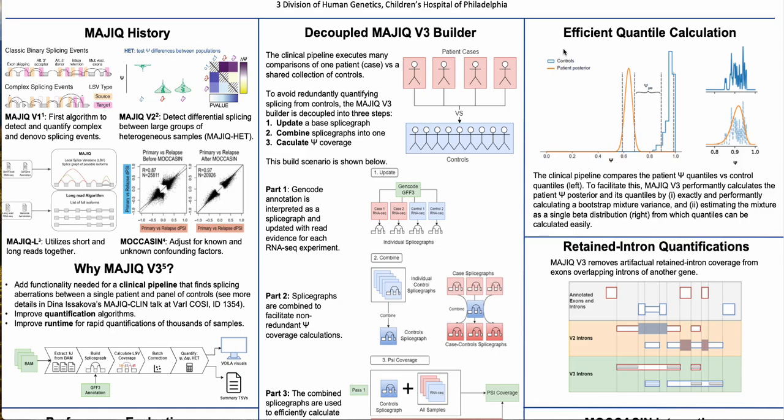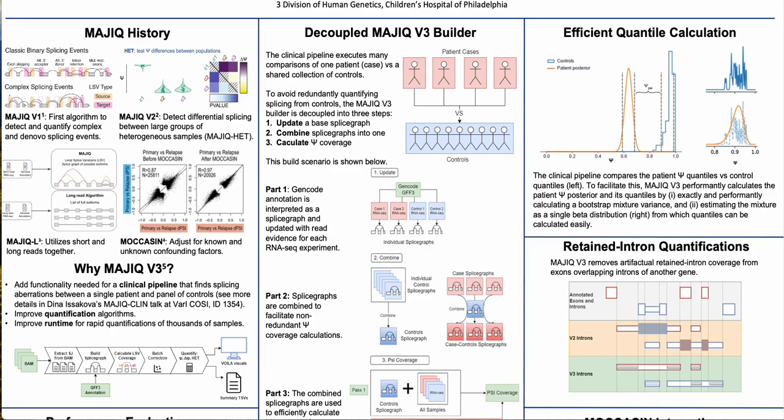In order to calculate that splicing in a patient significantly differs from the controls, the clinical pipeline compares extreme quantiles of the patient and control distributions and looks for a psi gap of sufficient size. Hence, MAJIQ V3 must be able to accurately and performantly calculate the quantiles of the patient psi distribution. MAJIQ V3 includes algorithmic updates which result in a relatively accurate and performant calculation.